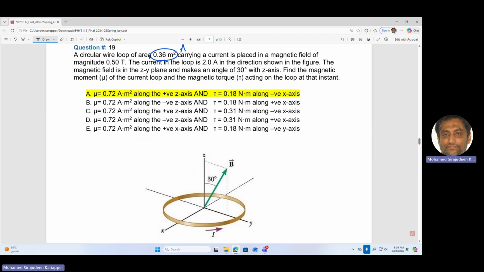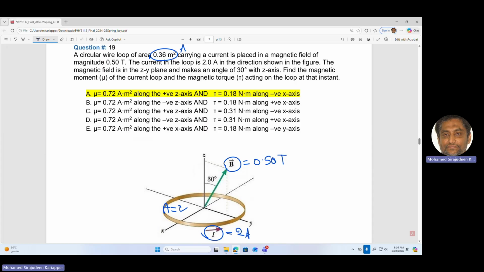The magnetic field is also given, and the area of the loop is also given. The current in the loop is 2 amperes in the direction shown. It's a current that's flowing. It's 2 amperes.